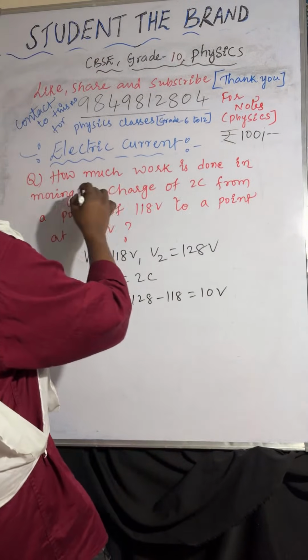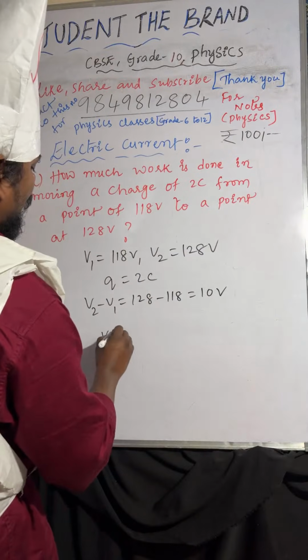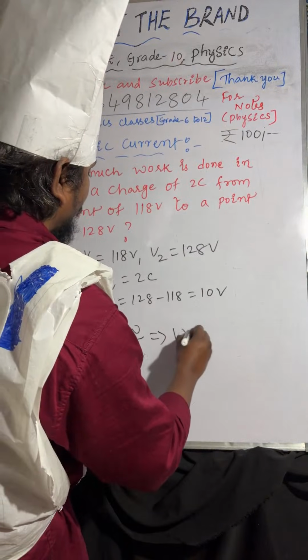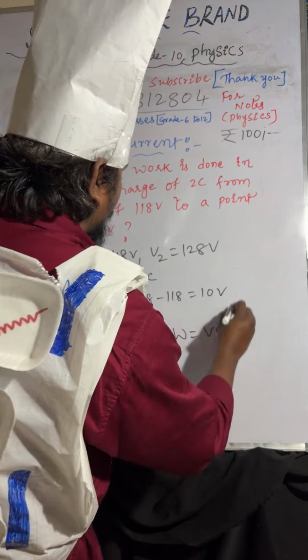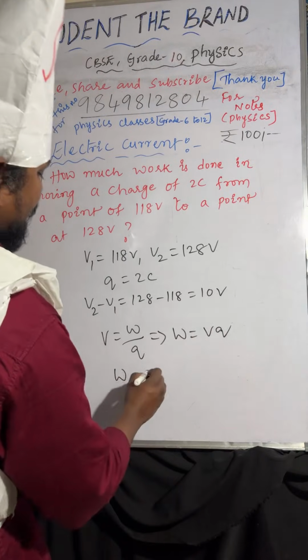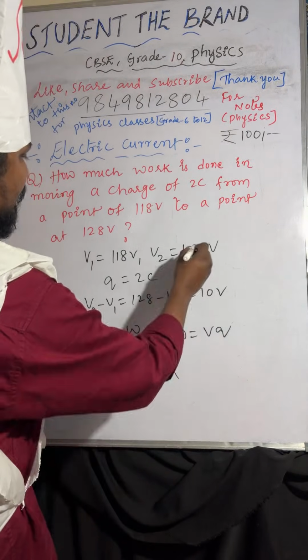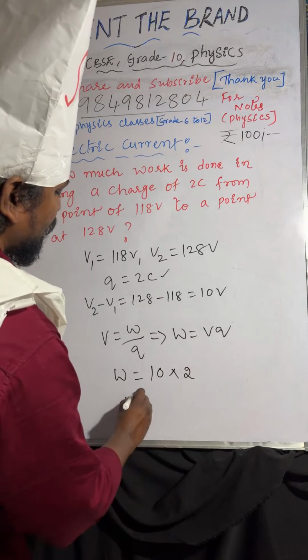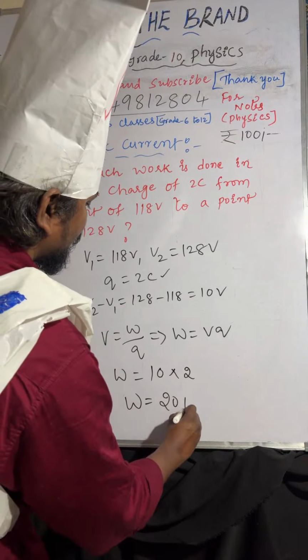They are asking to find out how much work. V equal to W by Q, so W equal to VQ. V is 10 and Q is 2. So the answer is W equal to 20 joules.